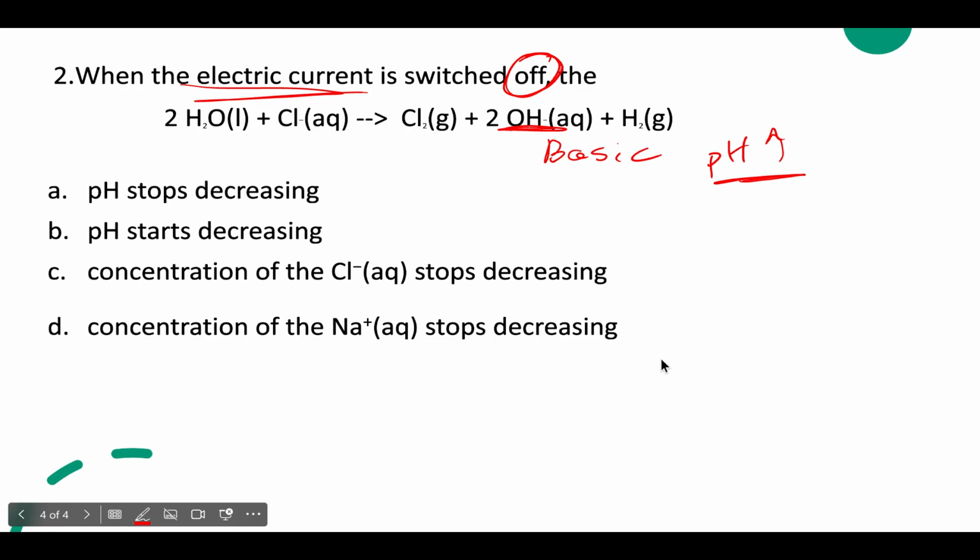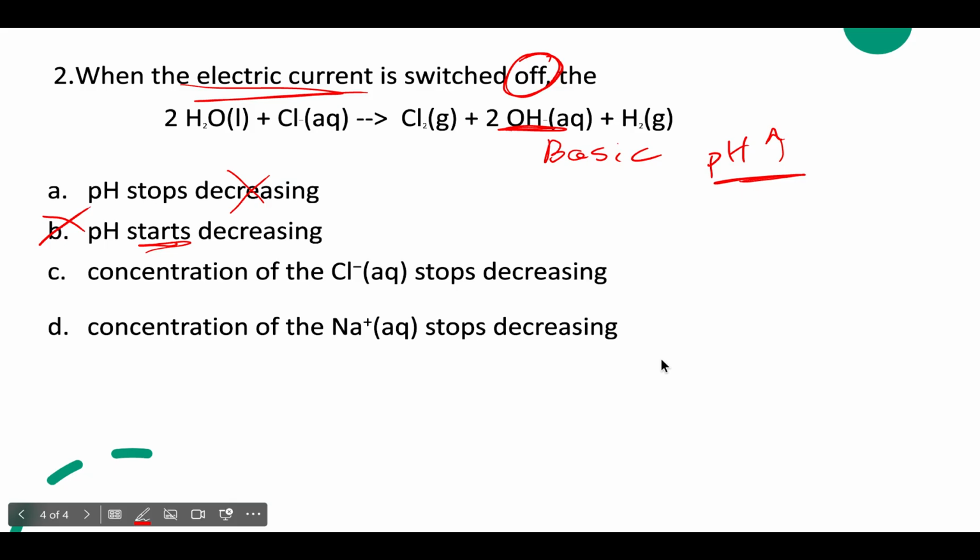Now, saying the pH stops decreasing, well, it was never decreasing. B, pH starts to decrease. Well, nothing's going to decrease because we're not reacting. So it's not like we're all of a sudden becoming acidic. So this isn't going to be an answer either.